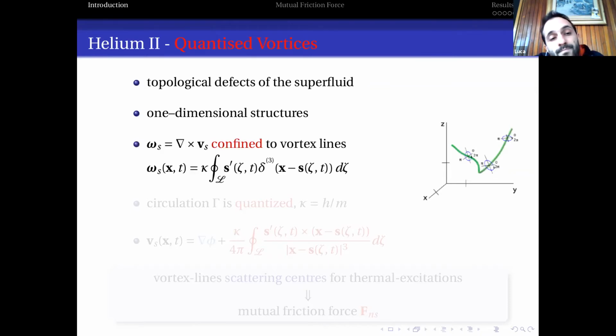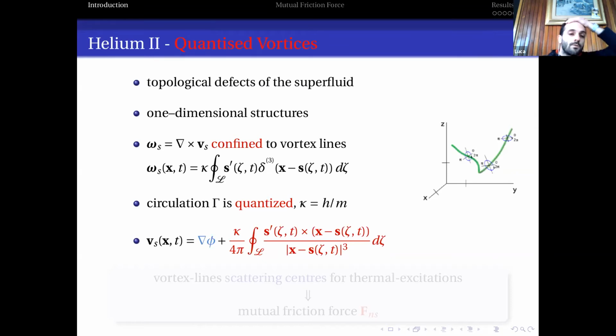Importantly, the superfluid vorticity is confined to those vortex lines, so the vorticity field is actually a delta-supported distribution. Around these vortex lines, the circulation of the velocity field is quantized in terms of the quantum of circulation, which is given by the ratio of the Planck constant to the mass of the helium atom.